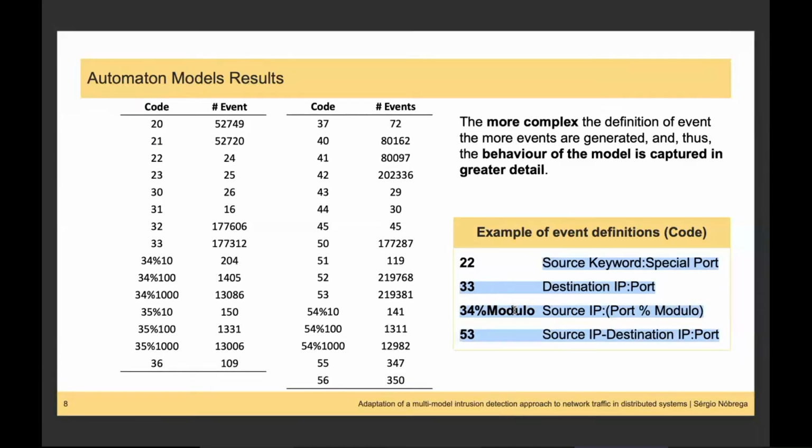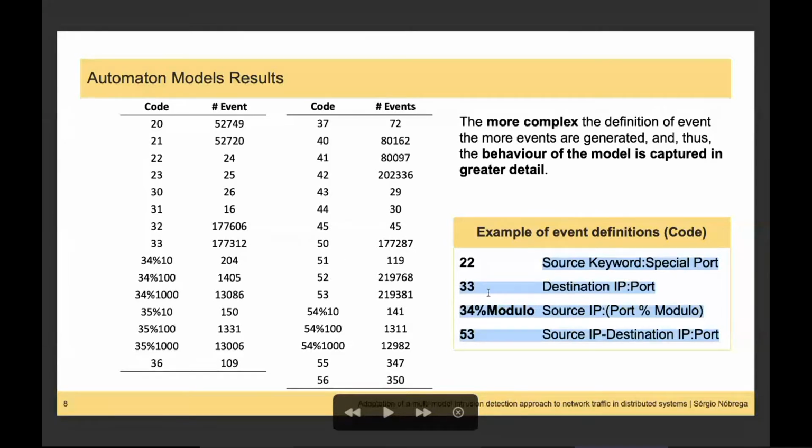But the result, of course, is that the more complex the definition of the event you have, the more events you will have, and you will harvest a more defined behavior of the model, and you have more detail of the events that have occurred within the model.